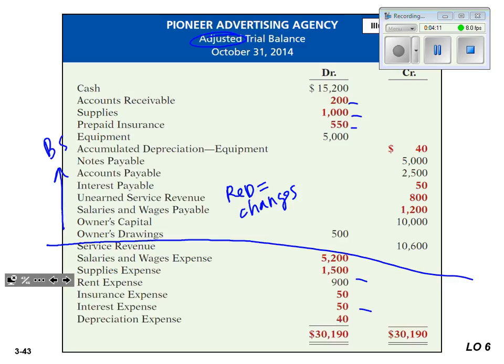Above the line are all the balance sheet accounts. Below the line are all the income statement accounts. So each of those adjusting entries, you could find the partners if you needed to. Would you agree? Yeah.